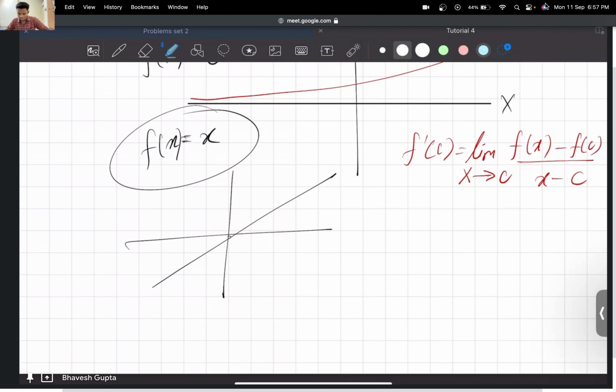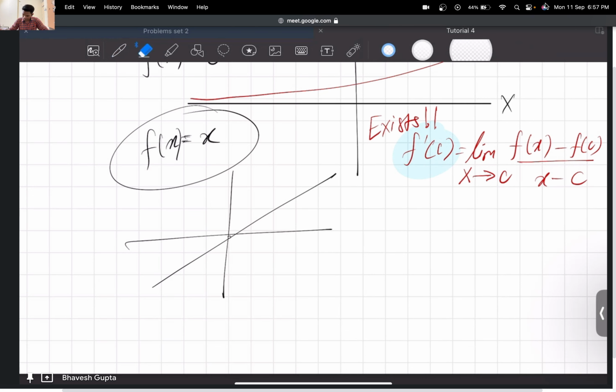And I will try to use this because in the question they have told me this exists, and the way I can verify this is by solving this, because I know that on the right hand side we have this 0 by 0 form. So by taking L'Hopital's rule, you can justify this particular statement here.